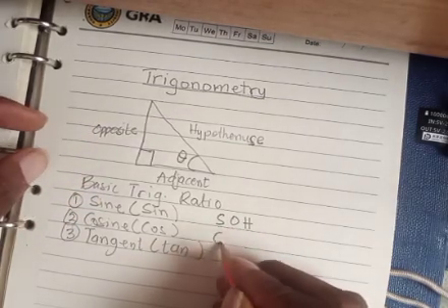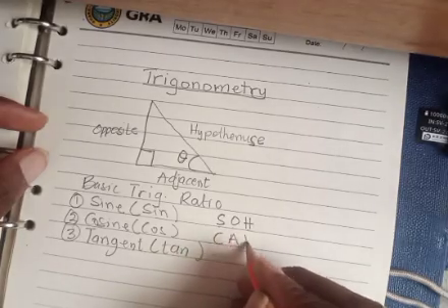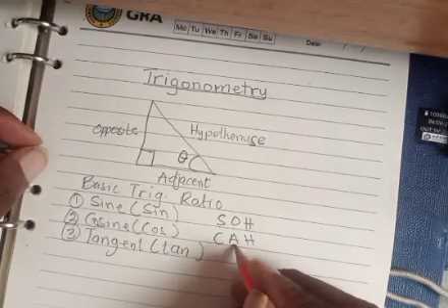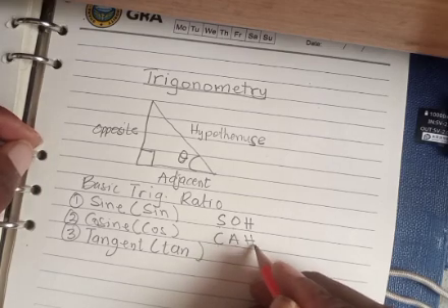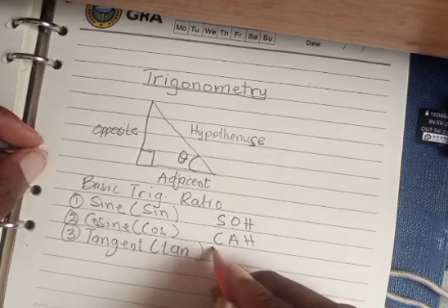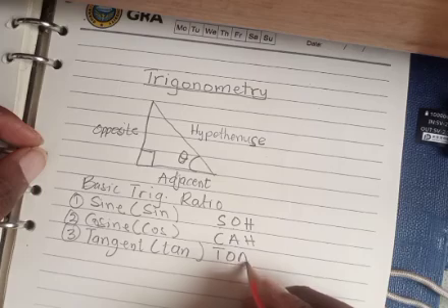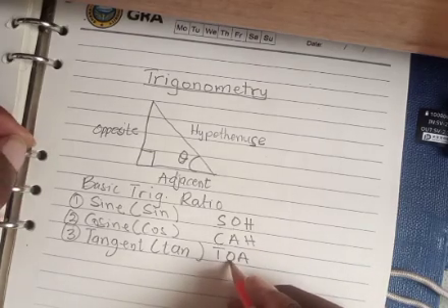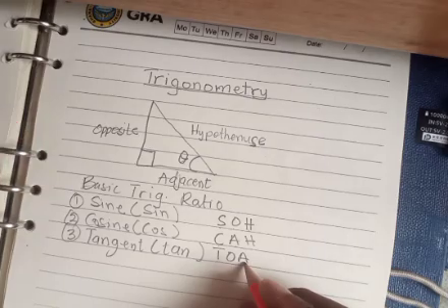Then we have CAH, where C is for cosine, A for adjacent, and H for hypotenuse. And we have TOA, where T is for tangent, O for opposite, and A for adjacent.